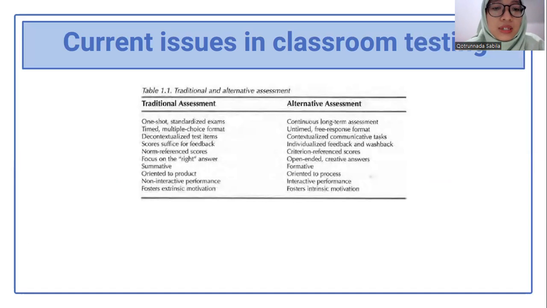First, the concepts in Table 1.1 represent some overgeneralization and should therefore be considered with caution. It is difficult, in fact, to draw a clear line of distinction between what Armstrong and Bailey have called traditional and alternative assessment.